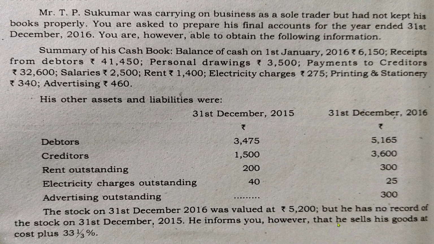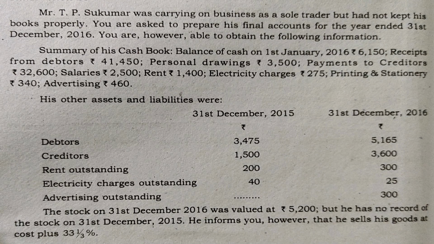That is cost plus a certain amount of profit, that is 33 1/3%, equal to sales. That is the concept. So you need to find out the gross profit, cost of goods sold, sales, all those items. Apart from that, you need to find opening stock also.